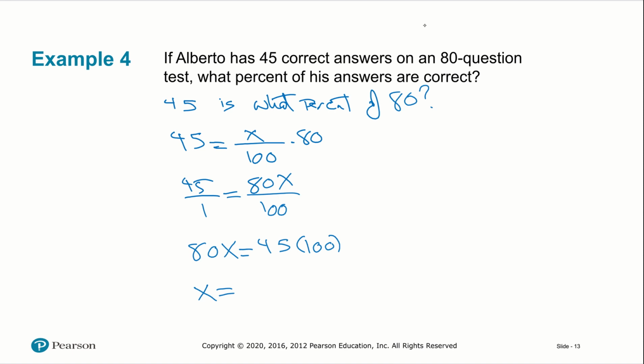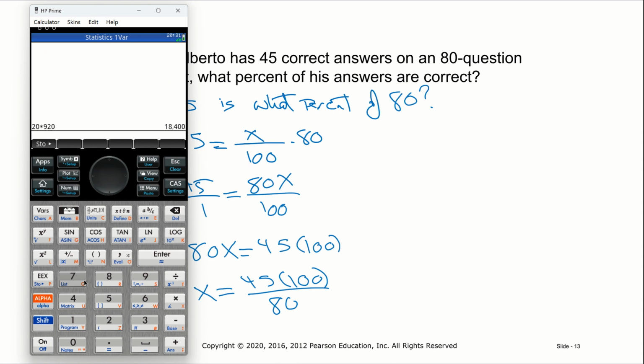We end up with x equals 45 times 100 over 80. So now we'll bring up our trusted friend: 45 times 100. We'll make sure to get out of the parentheses and then divided by 80.